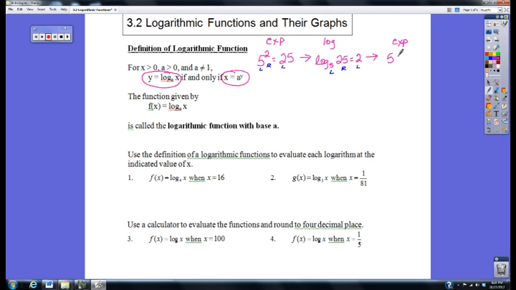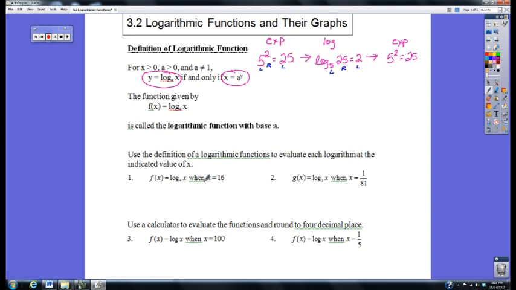The 2 comes to the left as the exponent, and the 25 goes to the right as your answer. So 5 squared equals 25. Exponential to log, back to exponential. That's just a quick review of what we did last year in Algebra 2. You may not have learned it with the left, right, left, but that's just one option of a way to remember how to transform those.